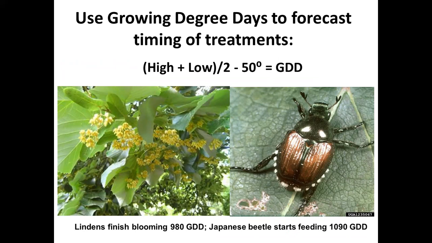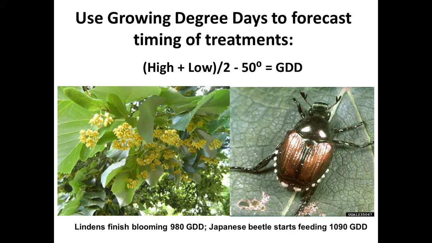And that gives you a number called the growing degree day figure for that day. So what I've got is basically a spreadsheet that's a calendar where it's built to calculate this for me. I just put in the high and low temps in the forecast. And then you add that growing degree day figure for today to everything that happened in the days prior to that in a running total.